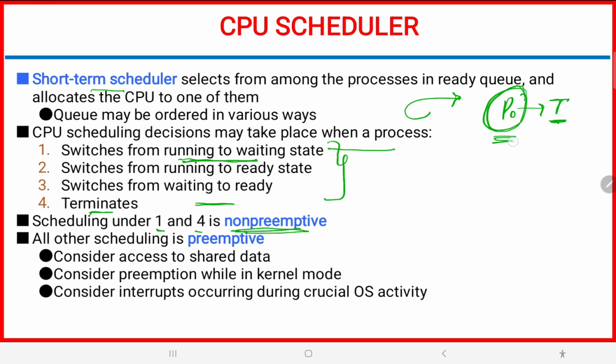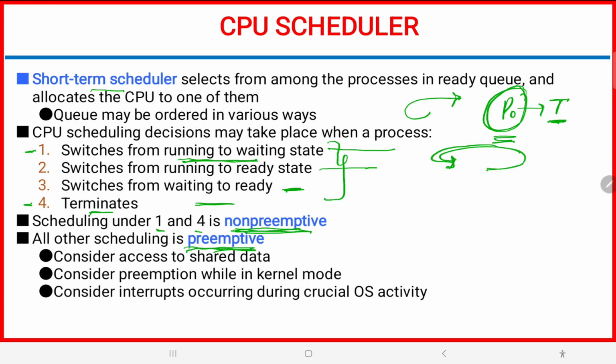Again, in that case also, P0 was not forcefully removed from executing on the CPU. It was because that process terminated that another process is coming for execution. So option number 1 as well as option number 4, in both of them the scheduling is basically non-preemptive, whereas all other schedulings are basically preemptive.